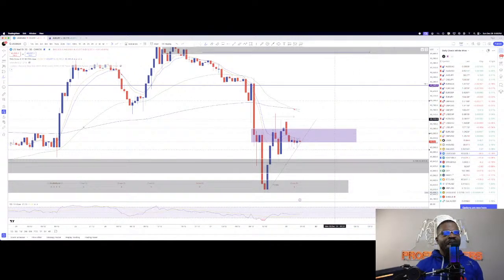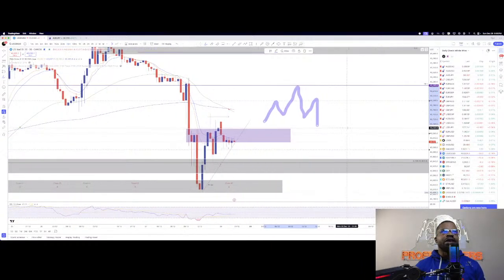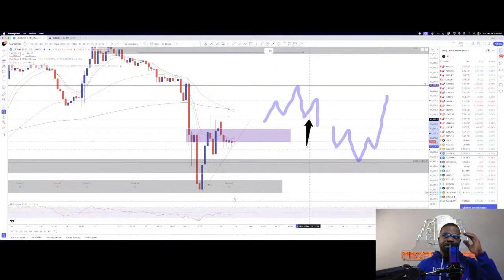Those simple patterns, if you learn how to spot them while trading, you put yourself in a position to be profitable in the market. They also have patterns that look like this that they call inverse head and shoulders, this one, and a head and shoulders.